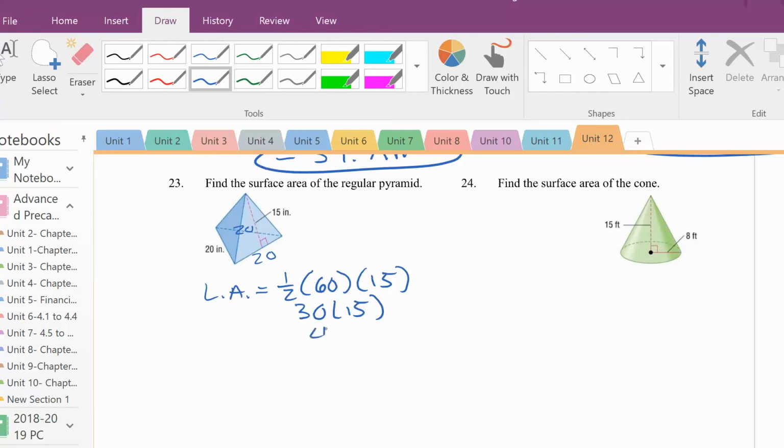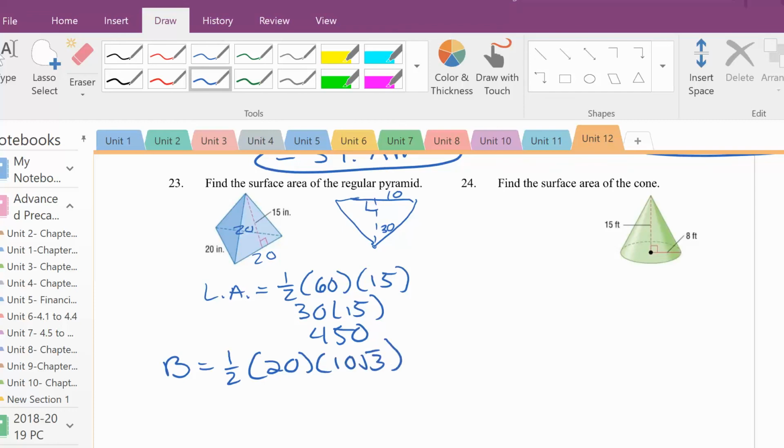is 450. Now the area of the base, it's an equilateral triangle. So that means when you draw the altitude, it's going to make it 10. Here's 30, so that means it's going to be 10 rad 3 is the height. So the area of the triangle is 1/2 of 20 times 10 rad 3.